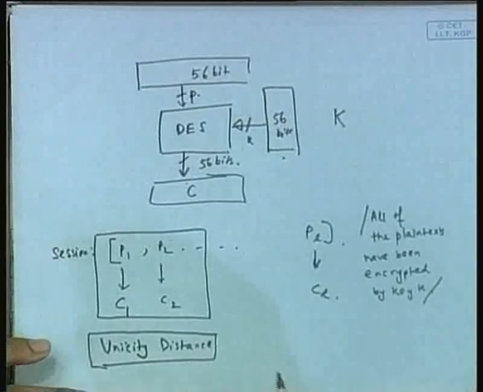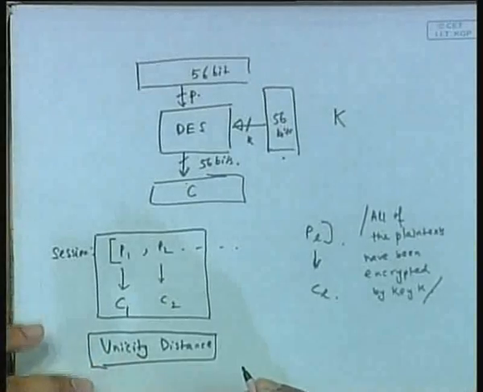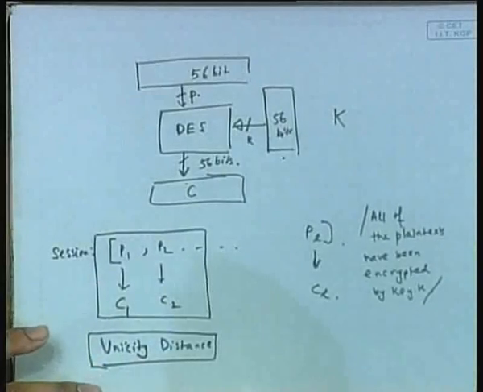Okay. So actually we can show that the unicity distance of DES is 2, which means that if you encrypt two plain texts by the same key using the DES function, then even an unbounded adversary cannot break it. Okay. So you see it's quite interesting, right. So we will try to prove this result in the class.